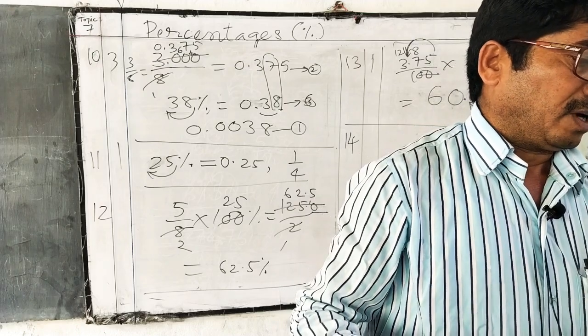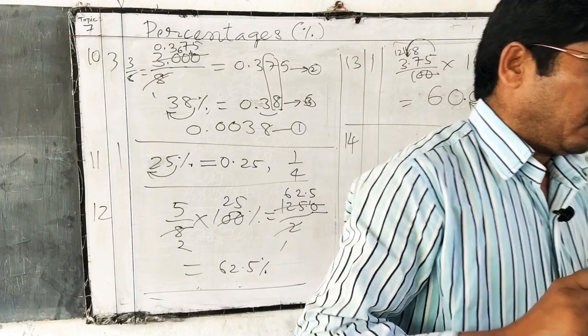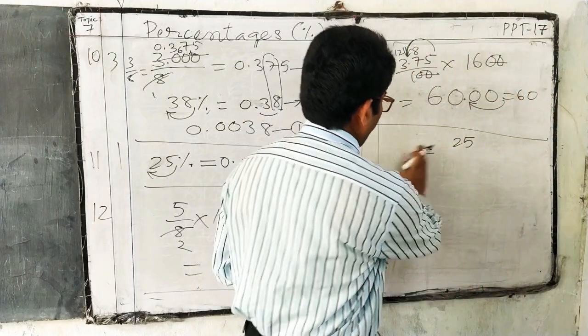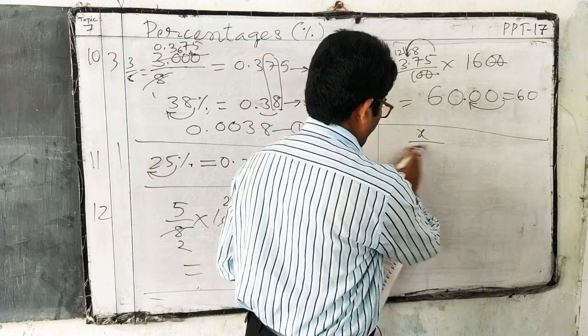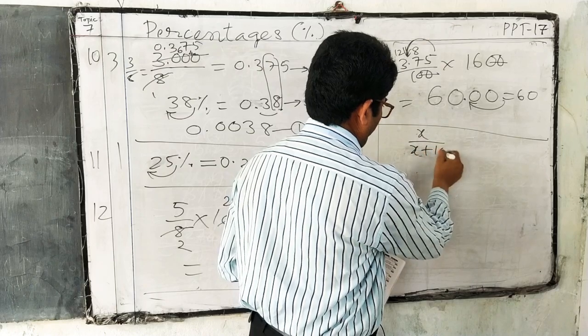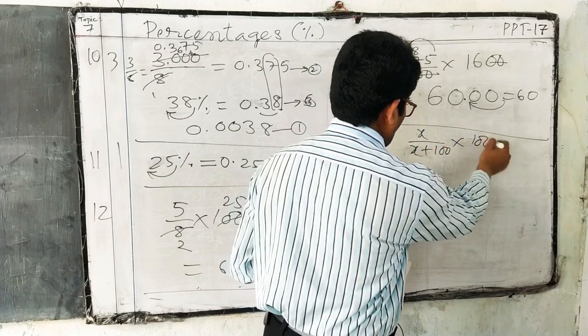Here we have a formula: x by x plus 100 into 100 percentage.